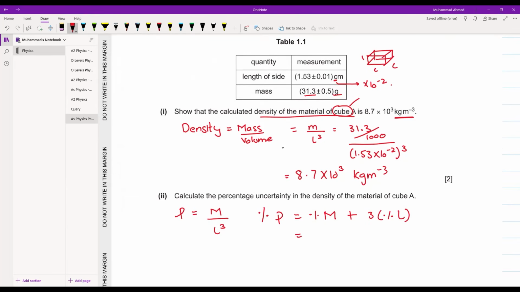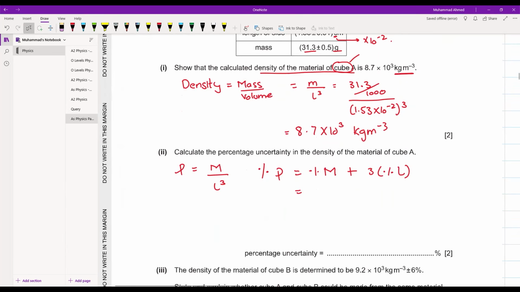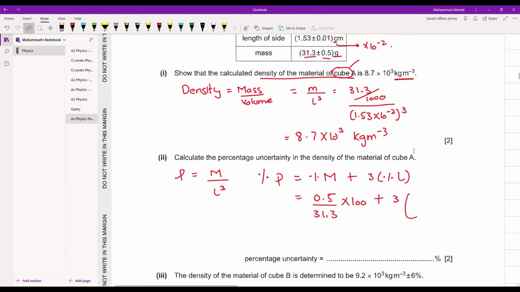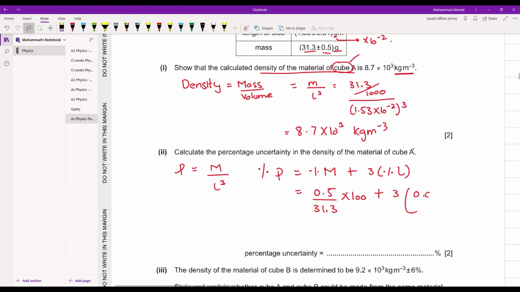The absolute uncertainty of mass is 0.5, so 0.5 divided by 31.3 times 100, plus 3 times 0.01 divided by 1.53 times 100.